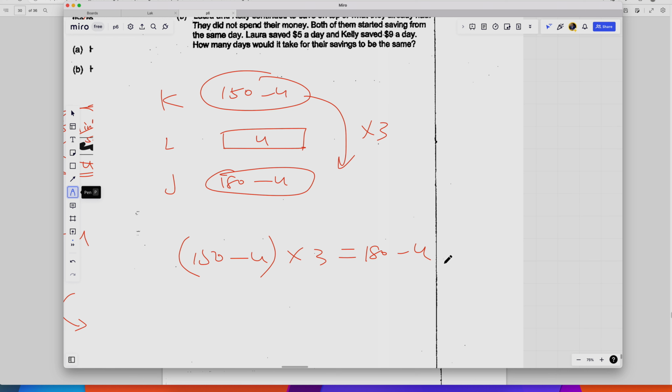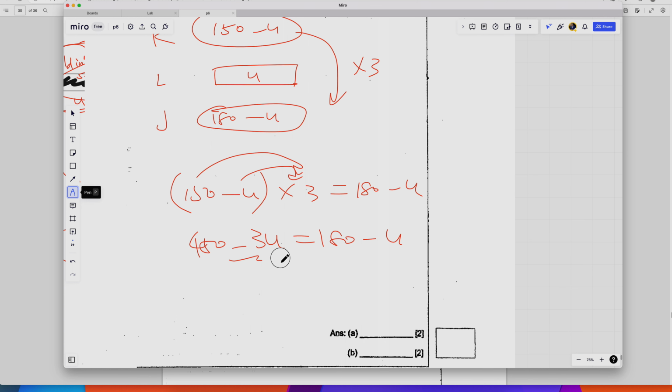You don't do it first. So what you do is you open a bracket, right? First line 450, second line 3U, 180 minus U, right? Then you continue. Underline similar terms. So which one you want to move? Minus 3U, you want to move to the other side, right? Okay, good. So 450 here.